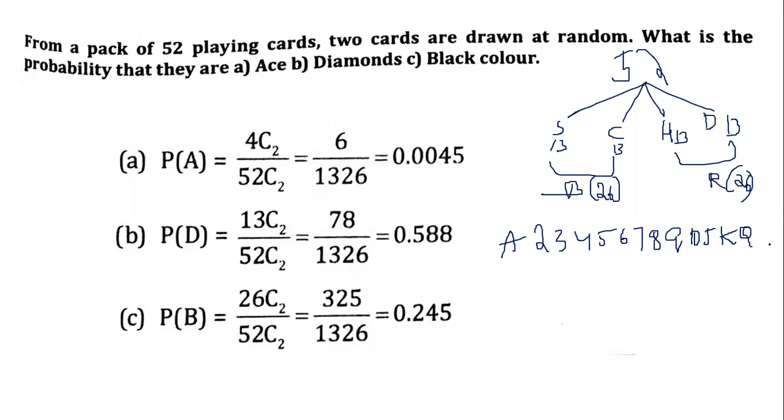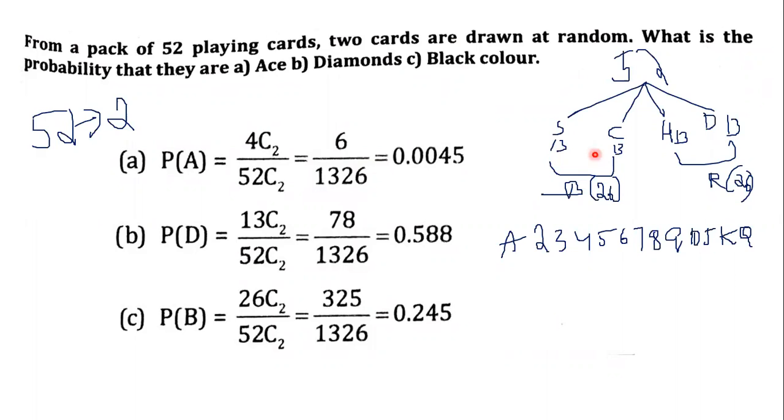Now what are they asking? From a total of 52 cards, they are drawing 2 cards at random. So what is the probability of getting an ace? Now listen here carefully, such questions can be confusing.